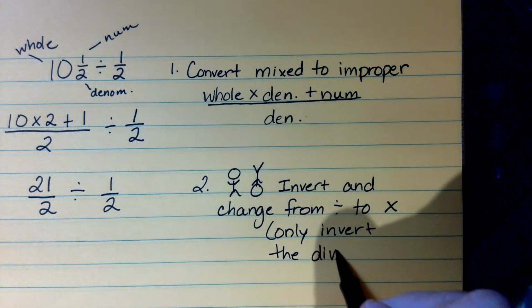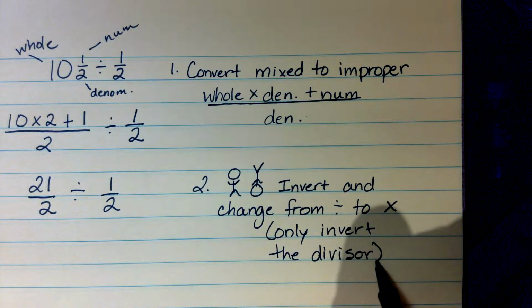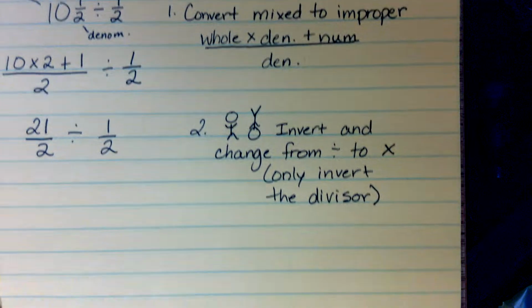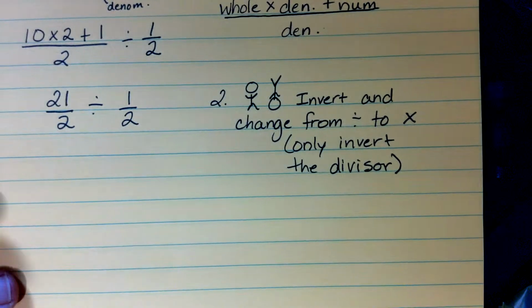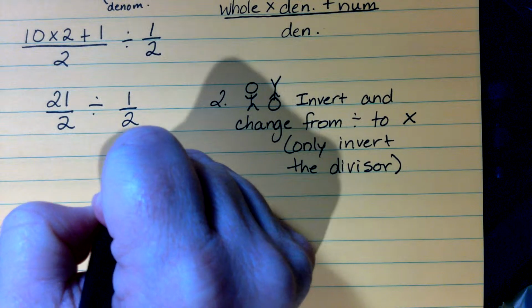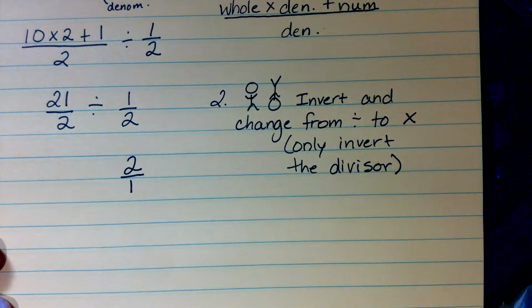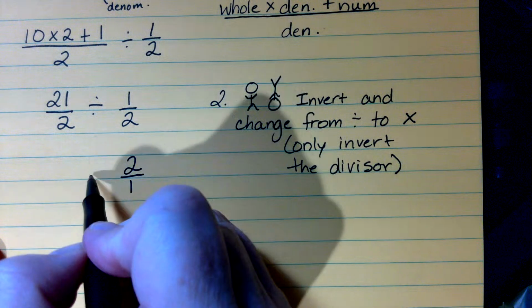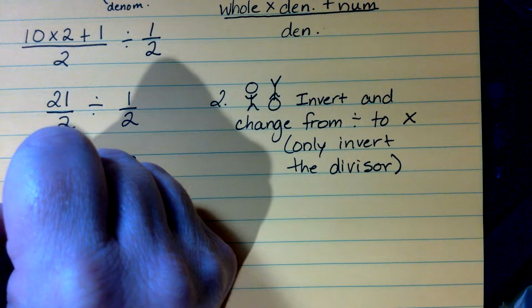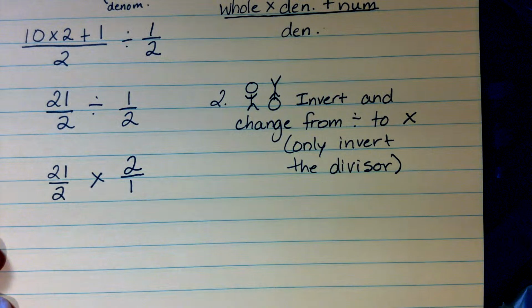That's the divisor. We will only invert the number we are dividing by. In this specific instance, that is 1/2. That's going to become 2 over 1 when we flip it over. We change our sign to a multiplication sign, and we now have 21 halves times 2 over 1.